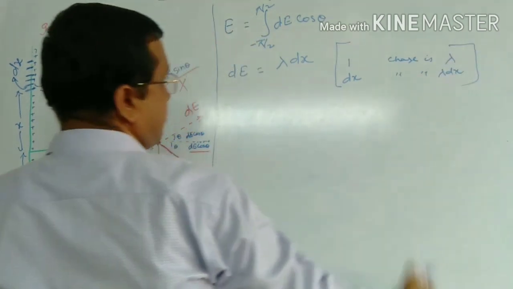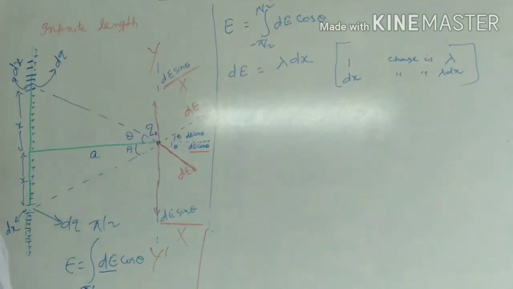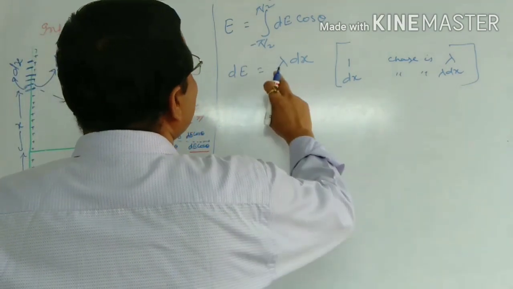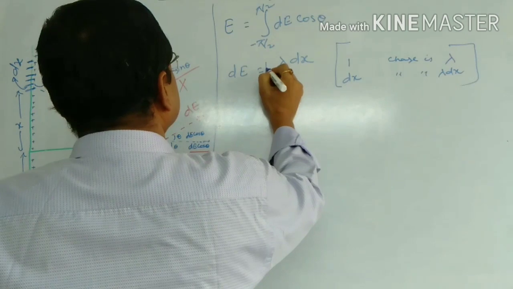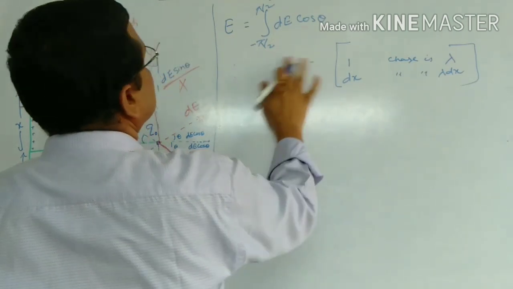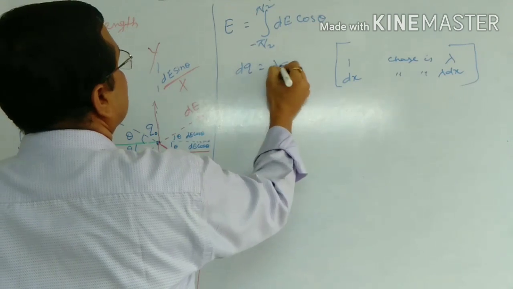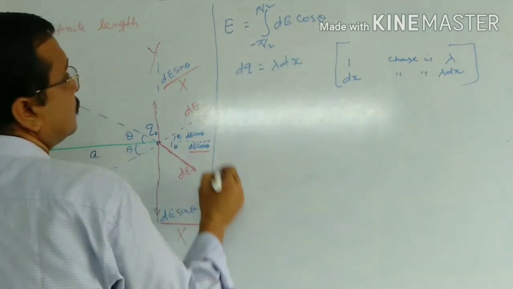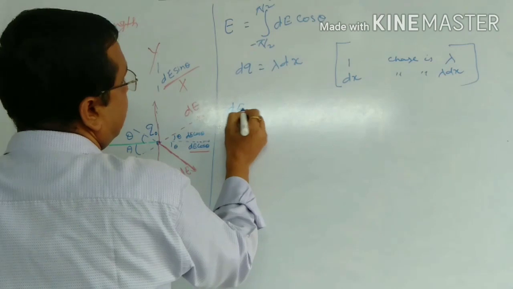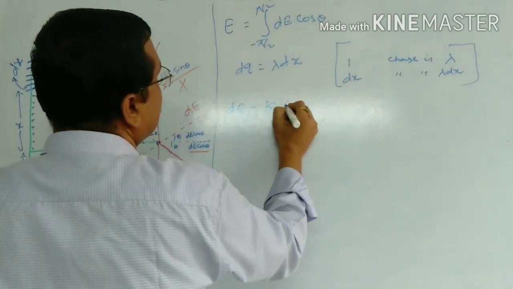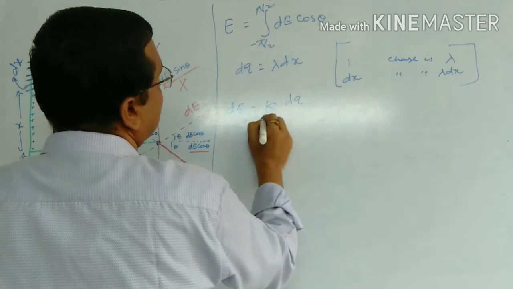That is very simple. So dE equals k dq, where dq is the charge on dx, lambda into dx. So now dE equals k, that is 1 by 4 pi epsilon naught, into dq by r square.